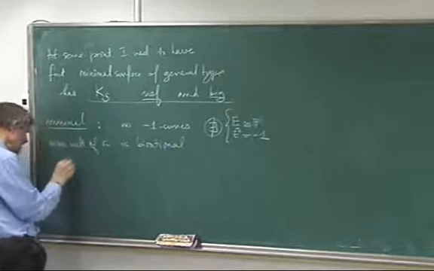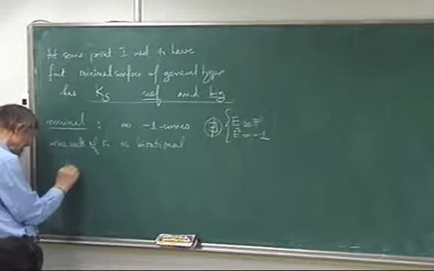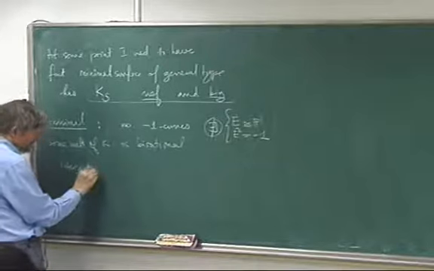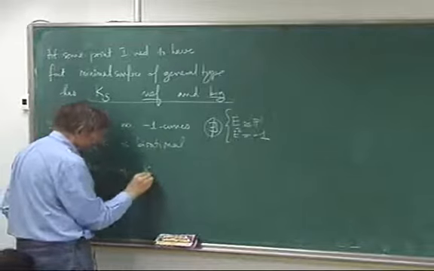Okay, so why do we know this Ks is nef? So remember, I have this intersection pairing, and I have the canonical class.